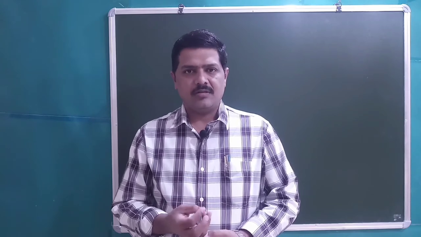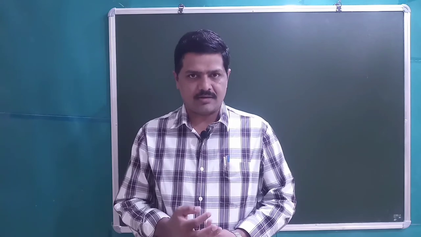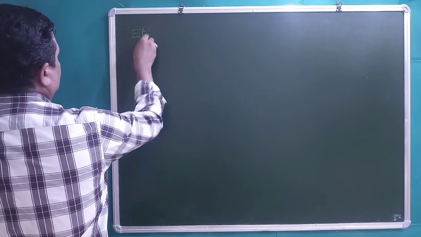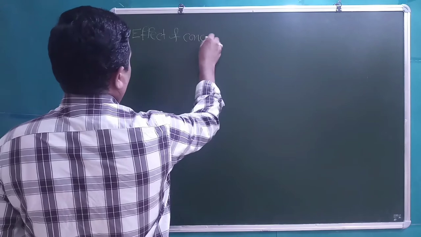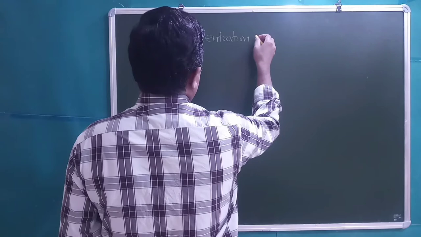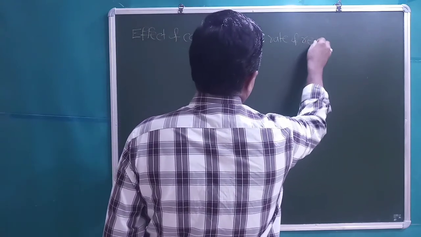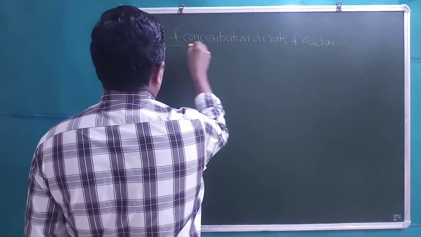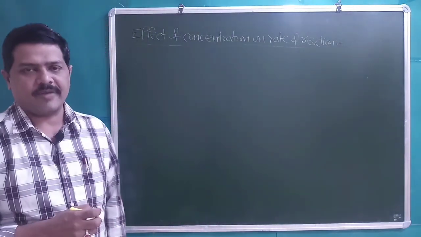In this video we will start our discussion with the effect of concentration on rate of the reaction. Students, the entire chapter of chemical kinetics mainly talks about two topics.